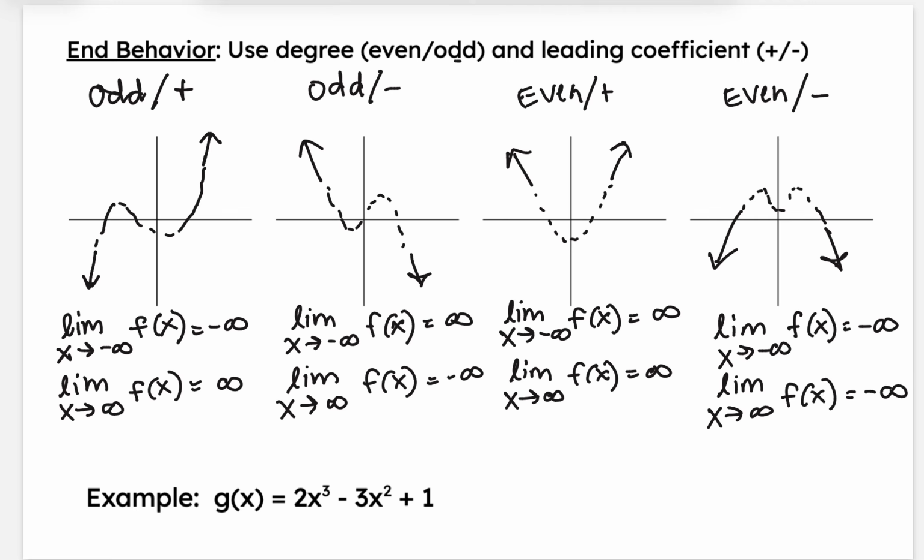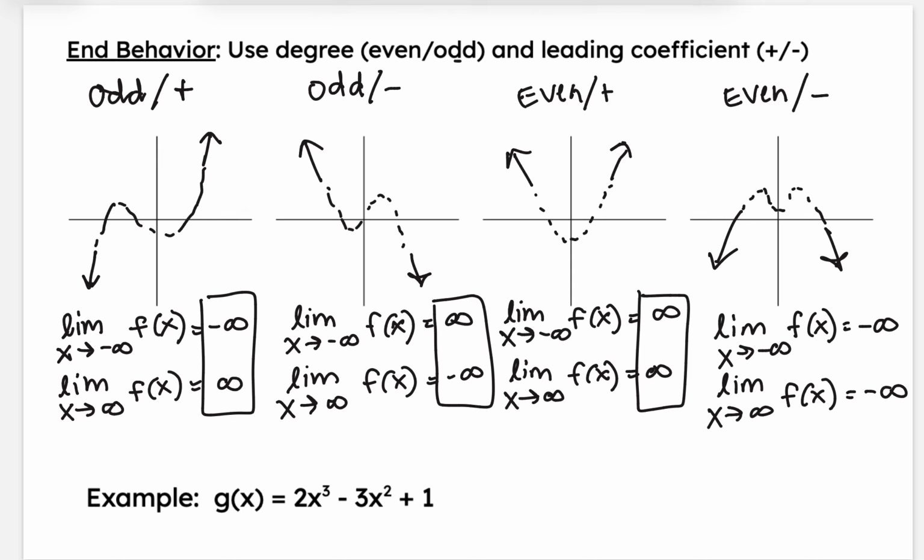You can see the only things that are changing are these parts right here. Everything else is staying the same because it means as we go to the left and as we go to the right. The part that's going to change depending on the type of polynomial we're looking at is the end behavior. So is the polynomial going up or is it going down?